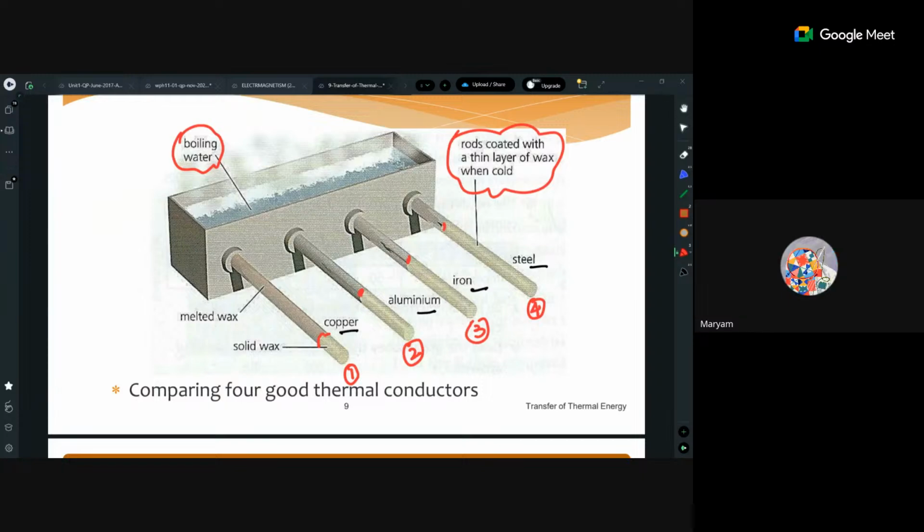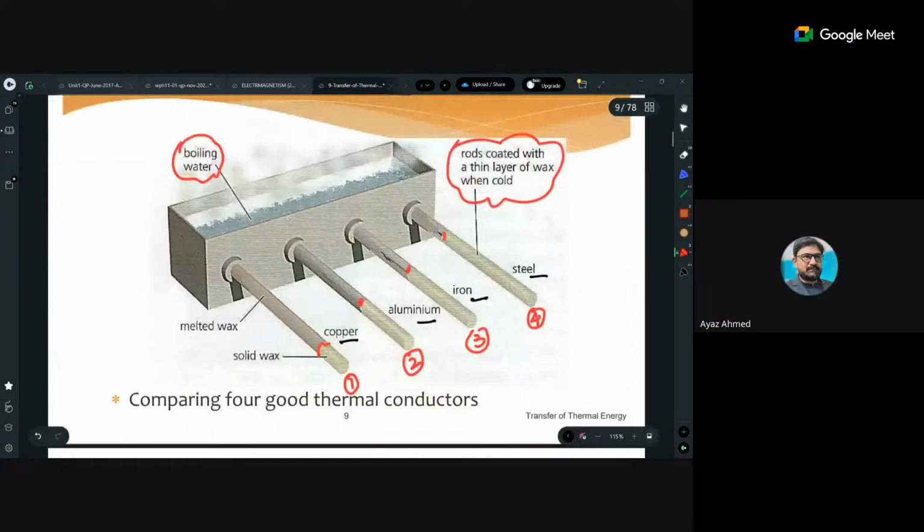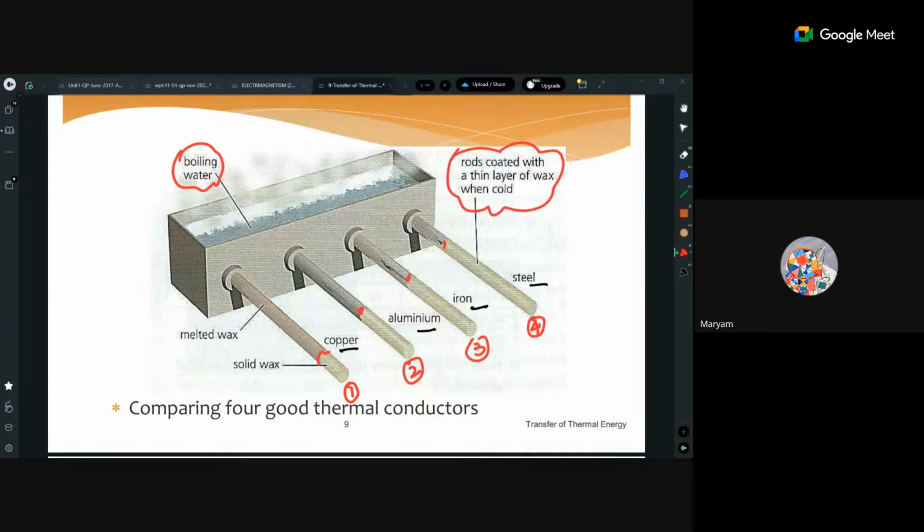Do we have to know this order? Little bit louder, please. I'm saying, do we need to know the order? No need to know the order, but you have to observe the response of these metals. Okay.